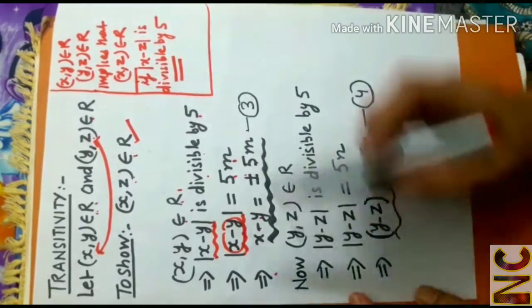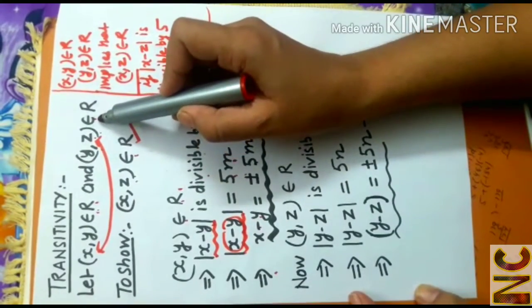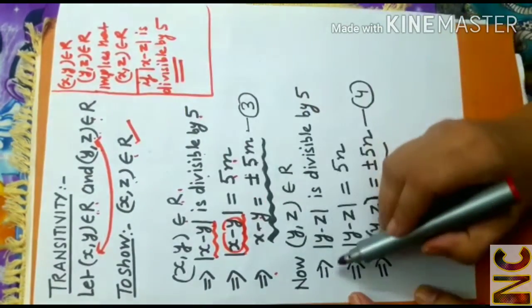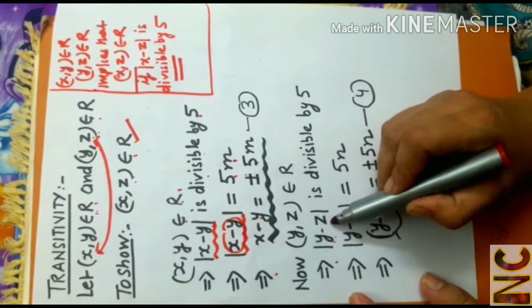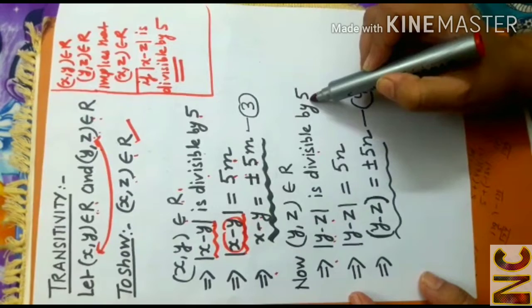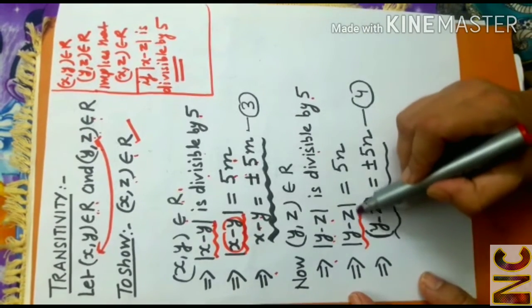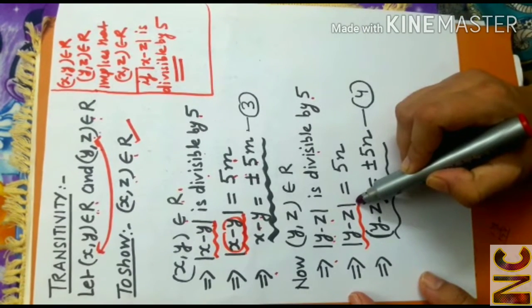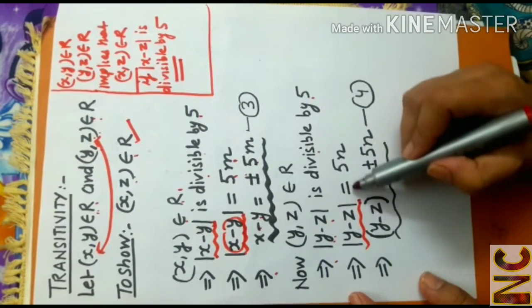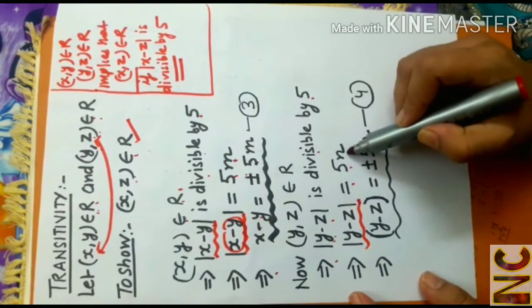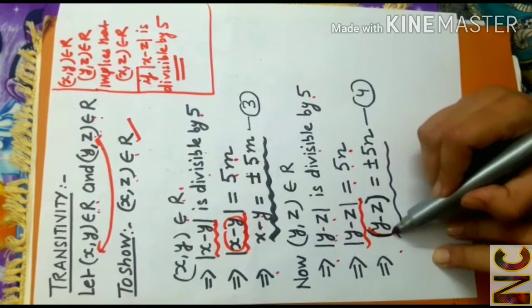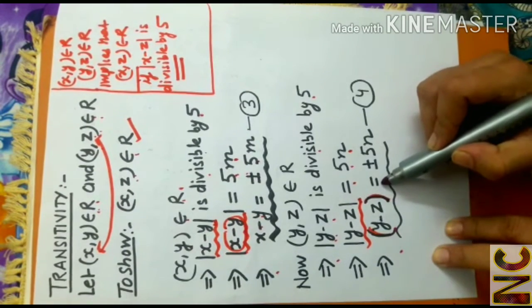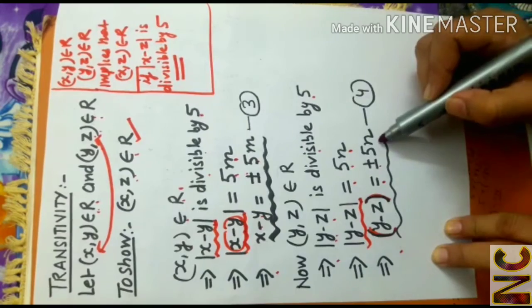Now similarly, y comma z belongs to R. So again by definition, absolute value of y minus z is divisible by 5. So this should be some multiple of 5. So I write this equals 5n. So again this will imply that y minus z is equal to plus minus 5n.